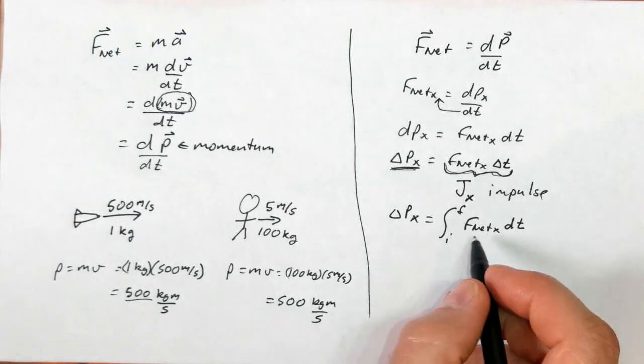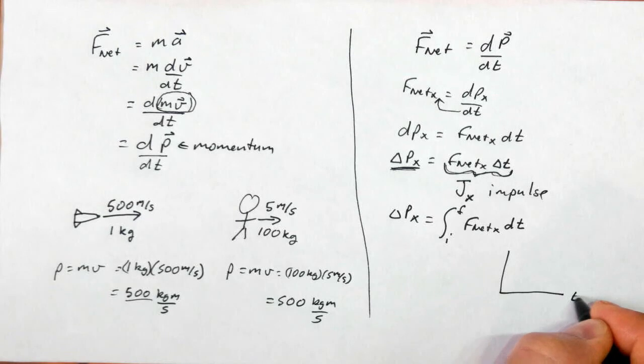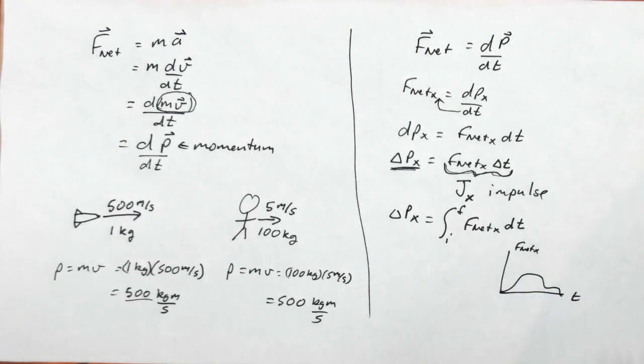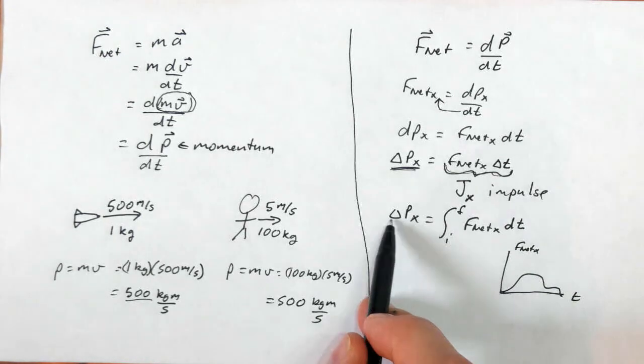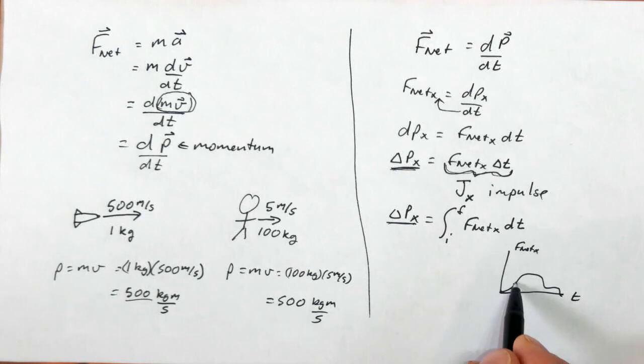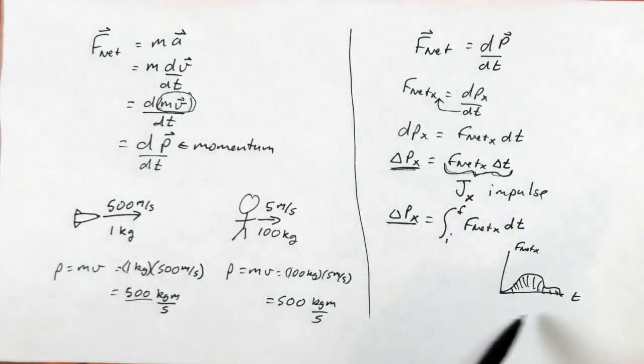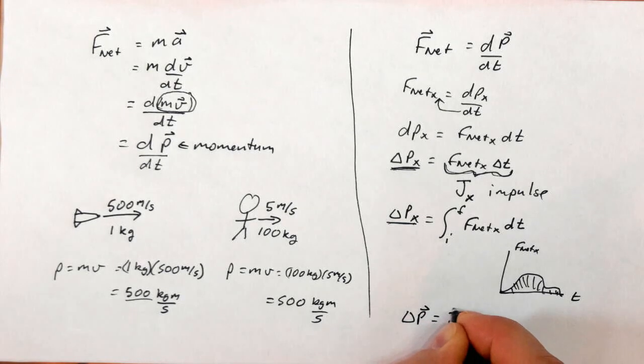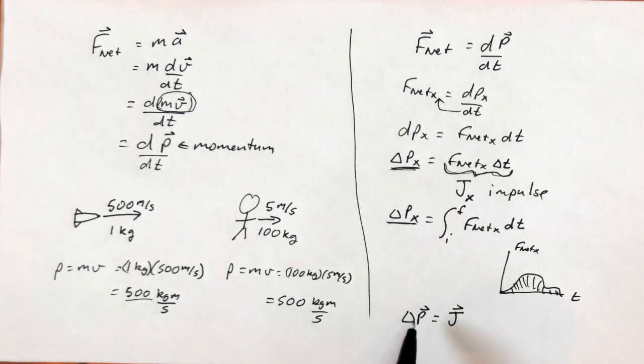So if I have F net x versus time, and it looks something like that, some really hard, complicated changing thing, I could still find the change in momentum by just adding up all the area under this curve, with areas below the time axis being negative. So this is a new way of looking at it. We now have delta p vector equals J vector. Our change in momentum is equal to the impulse.